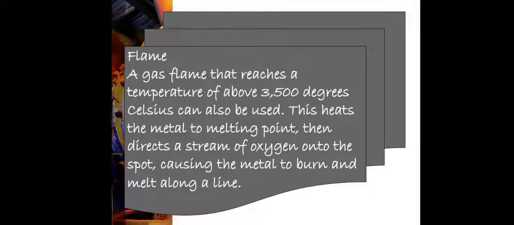So the heat or temperature of the flame will melt the metals and it will break or separate. Then it directs a stream of oxygen onto the spot, causing the metal to burn and melt along a line. So if you have made a line and you are going to cut using the flame, you really have to use at least 3,500 degrees Celsius.